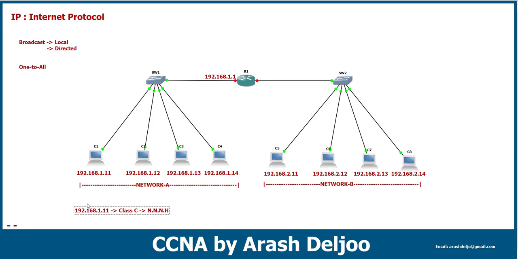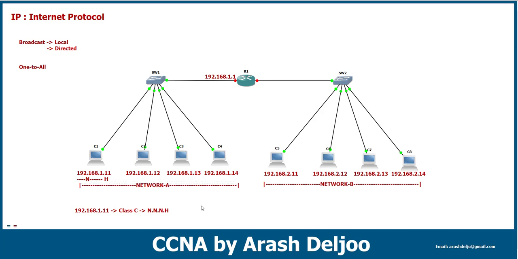Because of that we need to use the same first three octets in the computers in these networks, and different first three octets in computers C5, C6, C7 and C8. As you can see, here I use 192.168.1.11, and here I used 192.168.2.11. The first three octets are different. Here we have this part as the network part, and this is the host part, and it is the same in another IP address.